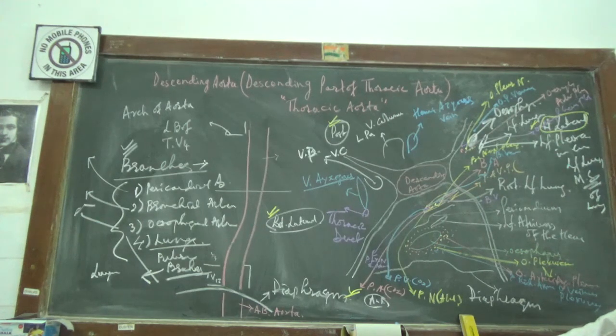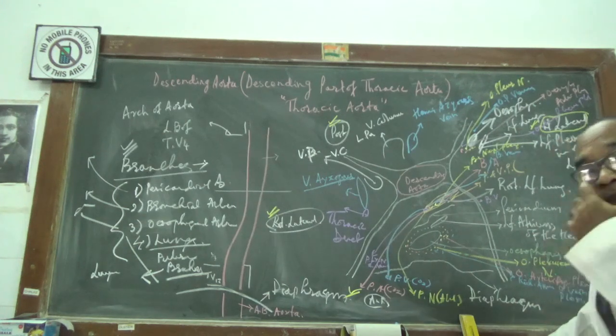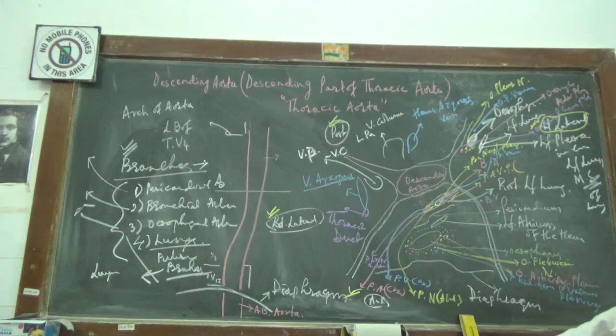Region by region the arteries become so important. So the abdominal aorta is also important. It is a part of the aortic system. So with this, the descending aorta is ended. Thank you for hearing a talk on the descending part of the aorta.